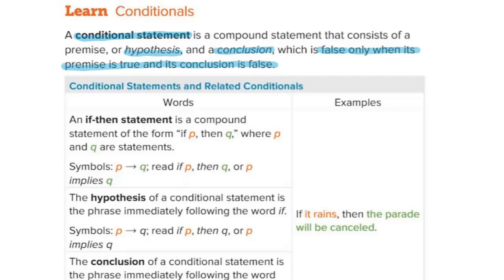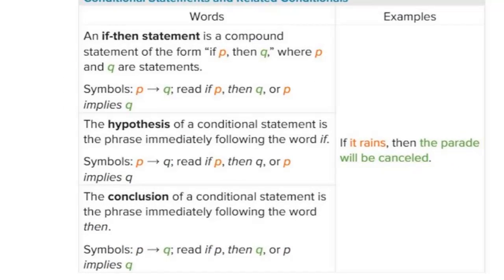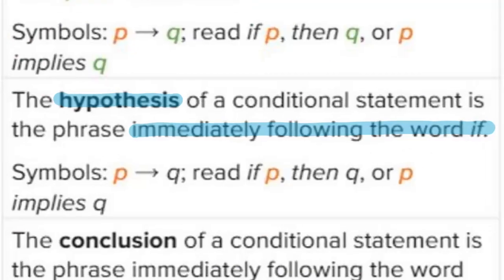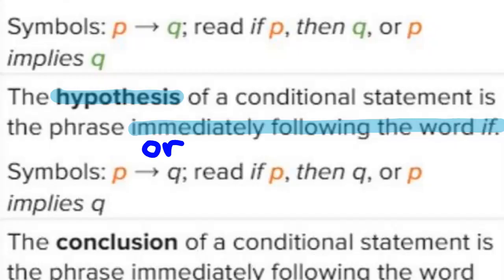An if-then statement is a compound statement of the form if P, then Q, where P and Q are statements. So this is how it would be written in symbol form, P and then an arrow Q. We would read that as if P, then Q, or P implies Q. The hypothesis of a conditional statement is the phrase immediately following the word if. Or implied if.